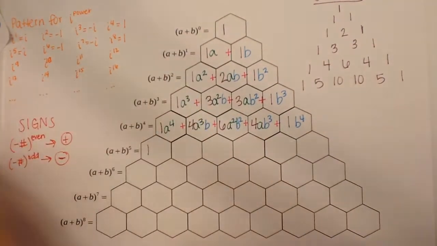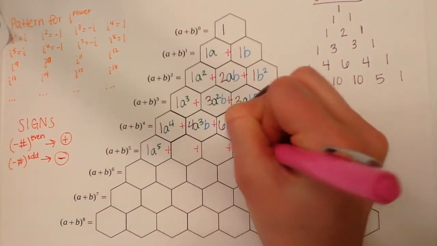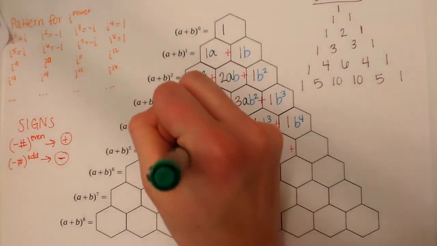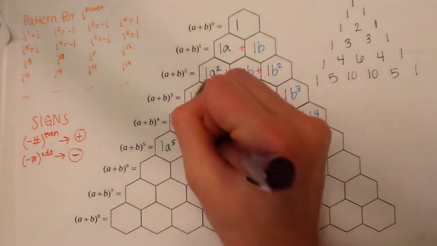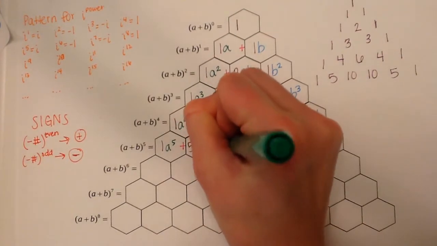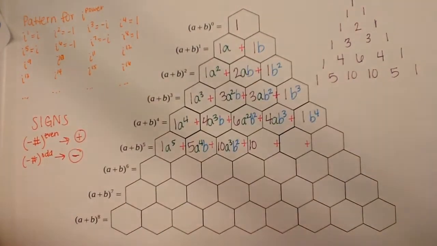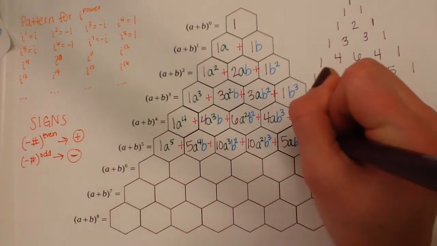So we start out with 1a to the fifth plus 5a to the fourth b plus 10a cubed b squared plus 10a squared b cubed plus 5ab to the fourth plus 1b to the fifth.